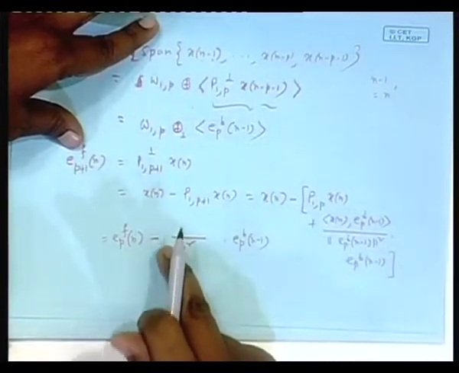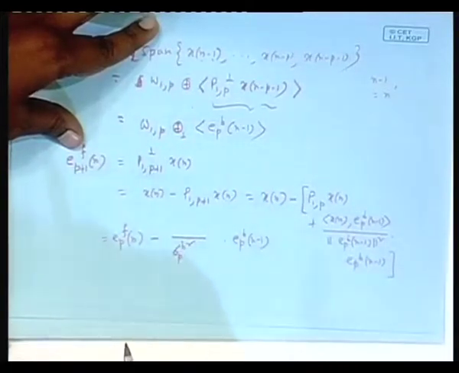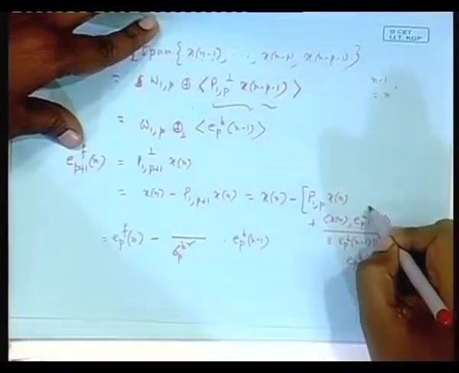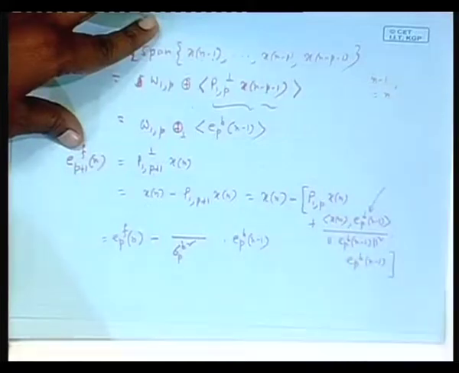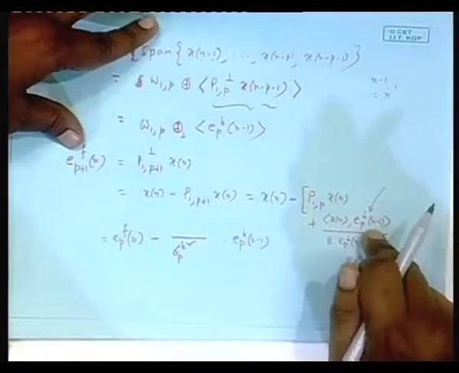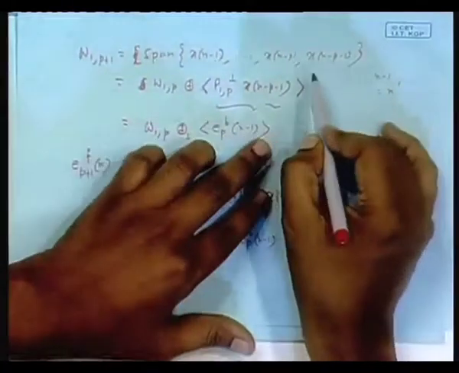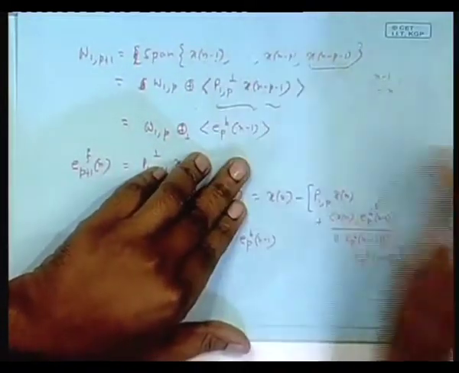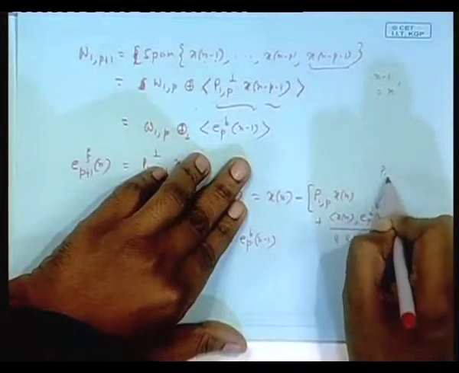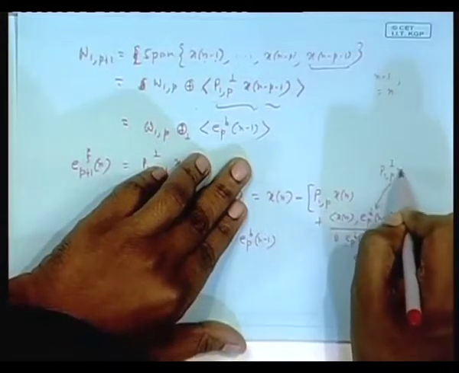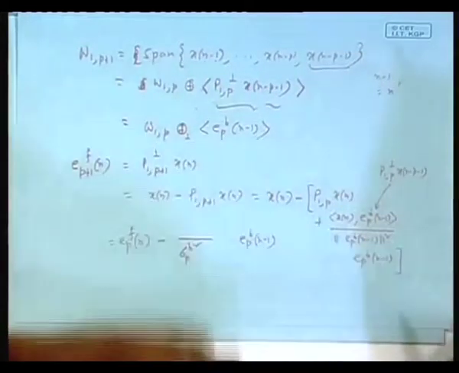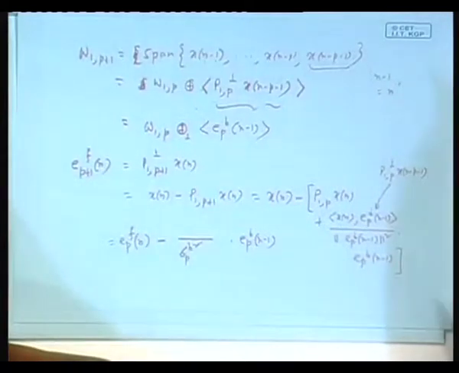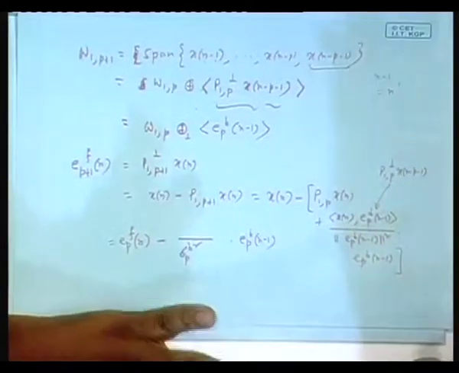Here, xn with this, and what is this quantity? This is after all what? This is a projection of this last fellow on the space spanned by this part. So I can write it that way: P1 comma P orthogonal xn minus p minus 1, isn't it?